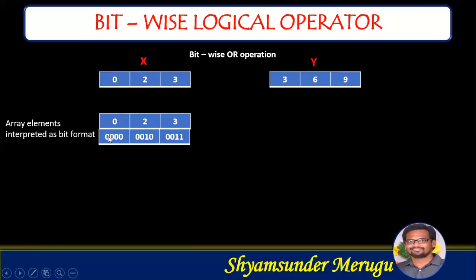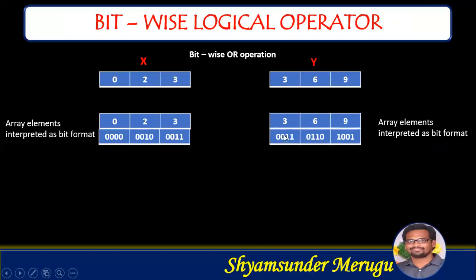So for 0 there are 4 zeros, for 2 there are 0, 0, 1, 0, and for 3 there are 0, 0, 1, 1 represented in binary. Coming to y, 3 is represented in binary as 0, 0, 1, 1, 6 is represented as 0, 1, 1, 0, and 9 is represented as 1, 0, 0, 1. The array elements are interpreted in bit format.